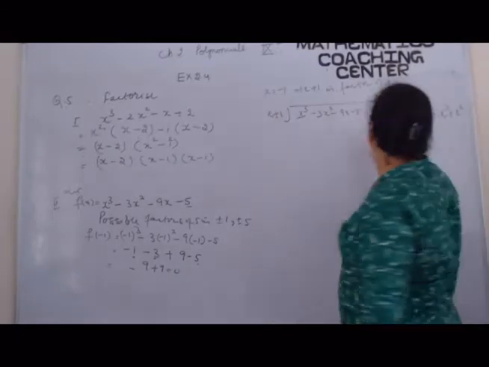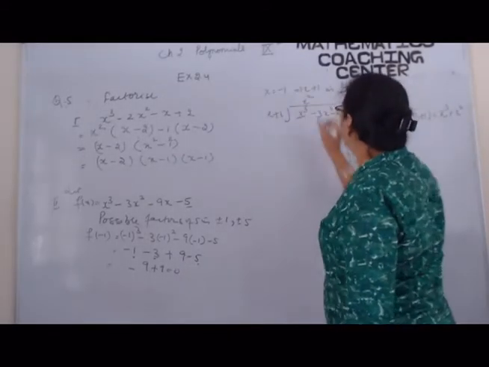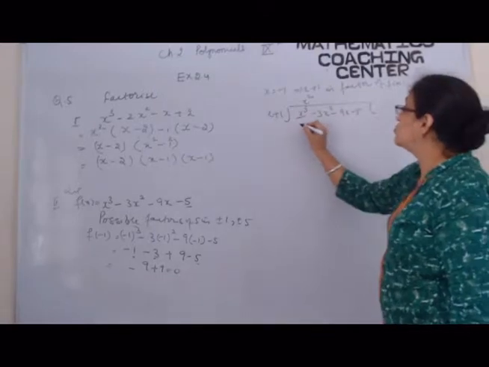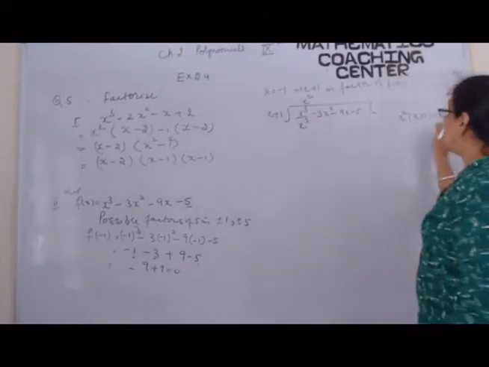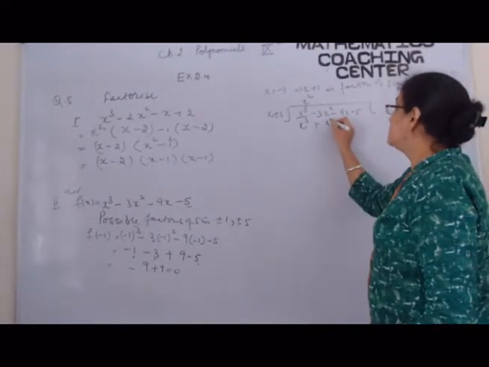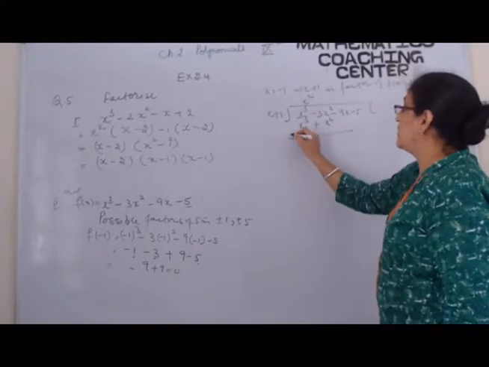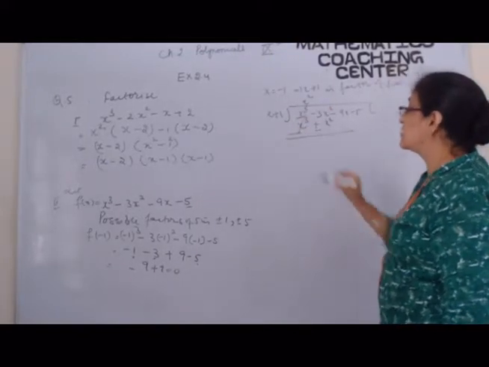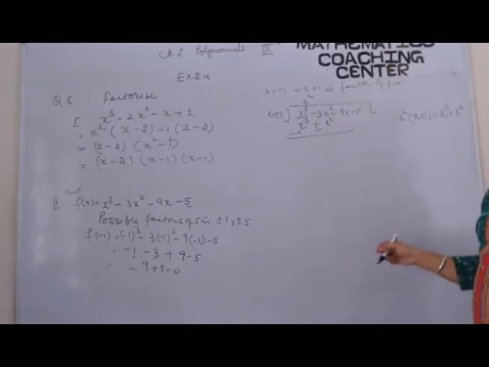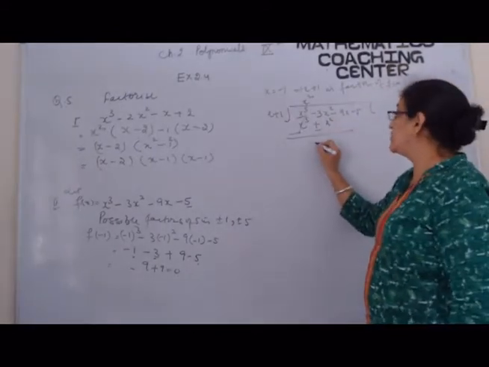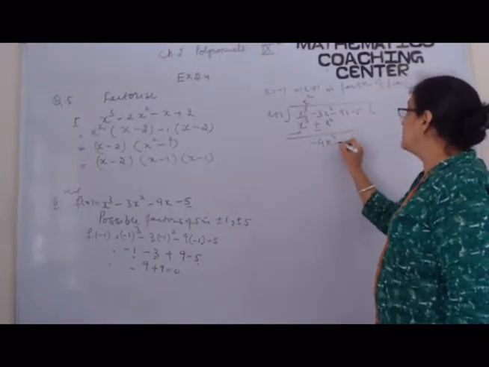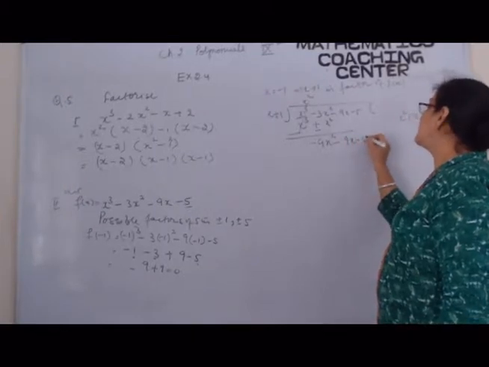So you get the result x cube plus x square. Change the sign. This is minus and this is minus. This cancels. This is minus 3x square and minus x square, it becomes minus 4x square minus 9x minus 5.